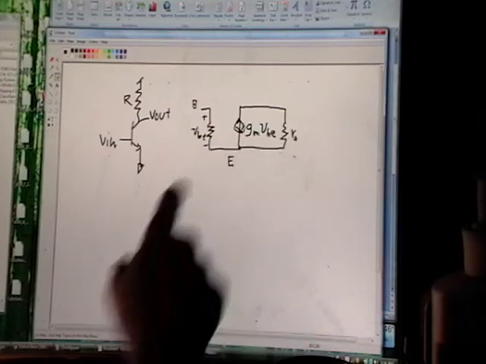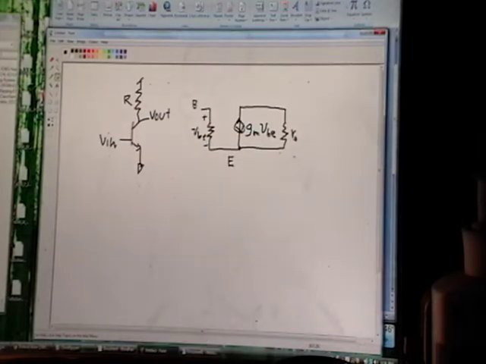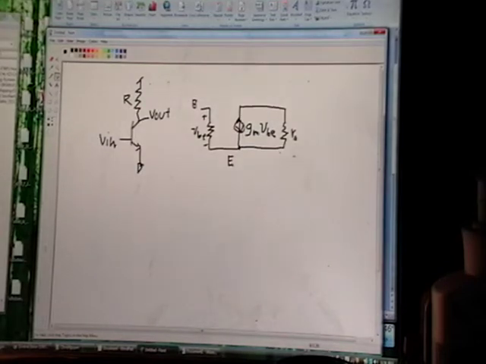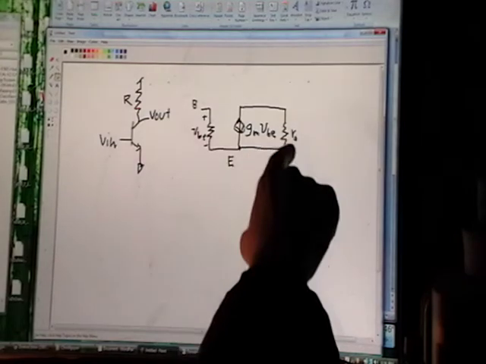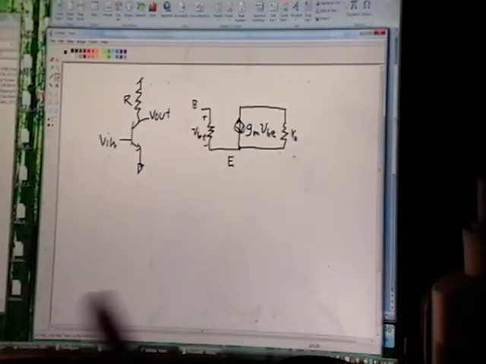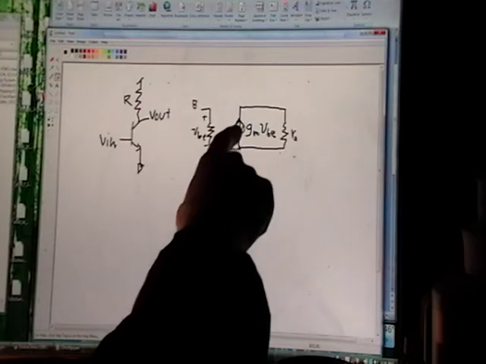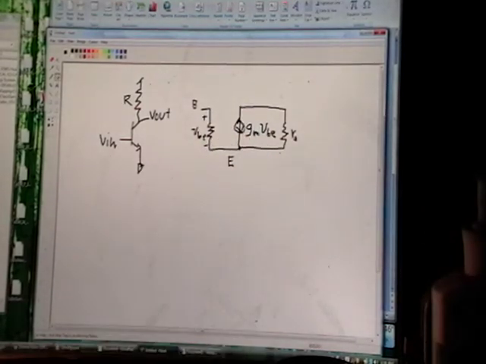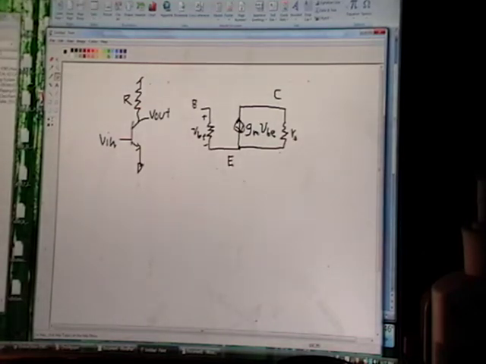Now, if you remember, it's VCE that affects base width modulation. So this branch represents the current contribution to IC from base width modulation. This branch represents the current contribution to IC from the change in VBE. So here's our transistor model for small signal.